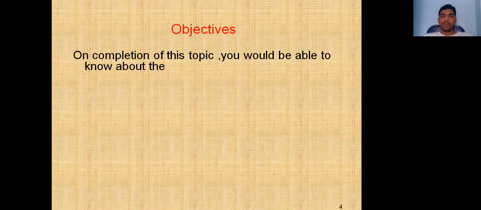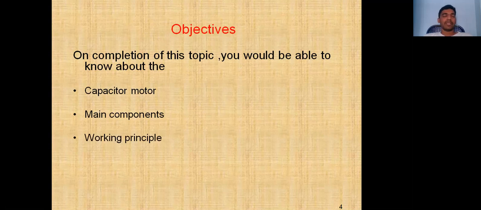Similarly, we will know the capacitor motor, the permanent capacitor motor, its main components, its working principle, its torque speed characteristics, and applications.